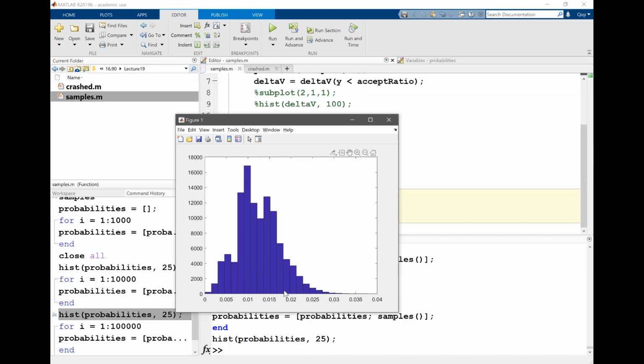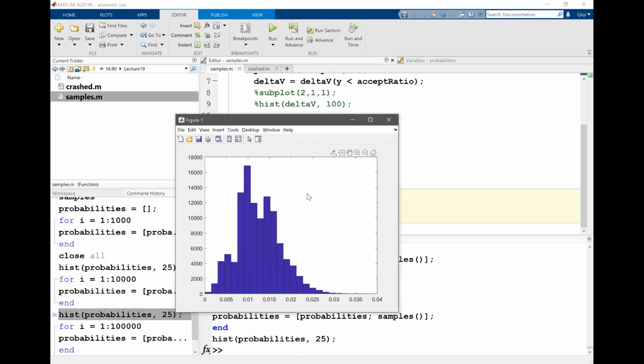So let's say in this case, it might be appropriate to say that the probability of crashing is between 0% and 3%, right? That is going to make any decision that has to be made based on this Monte Carlo simulation a lot more informative than just giving a single number, let's say 1%, without knowing how uncertain this 1% number is.